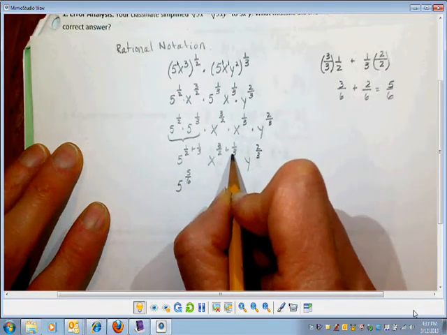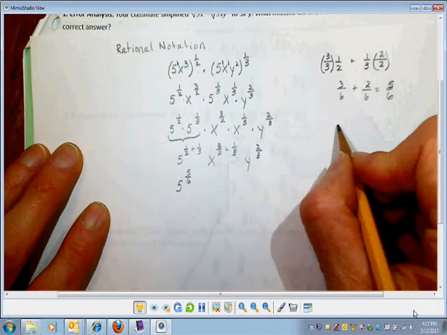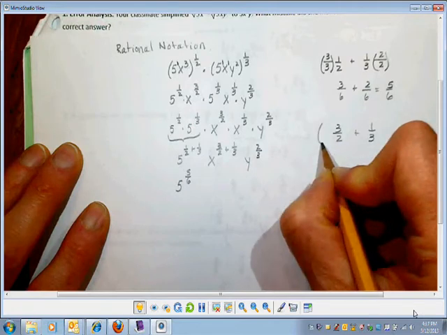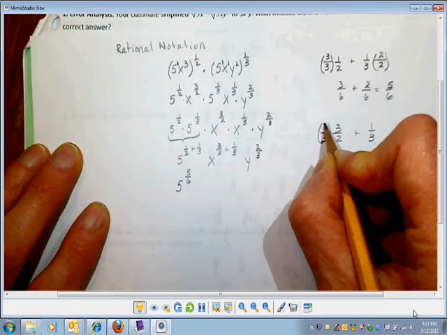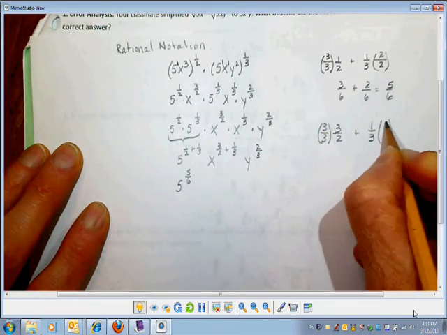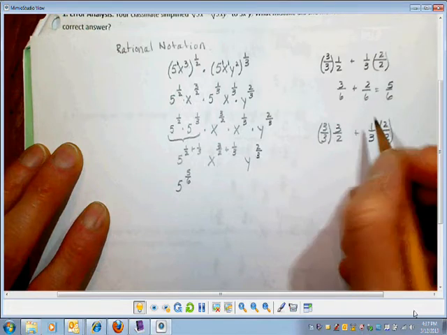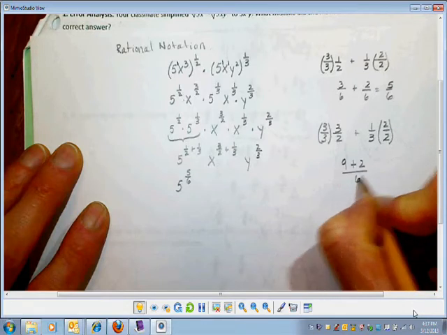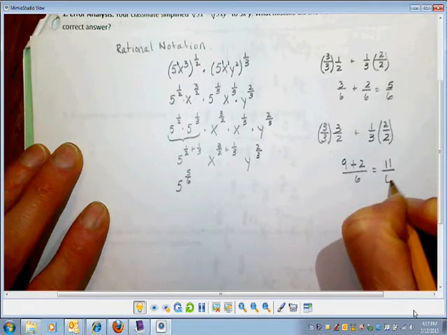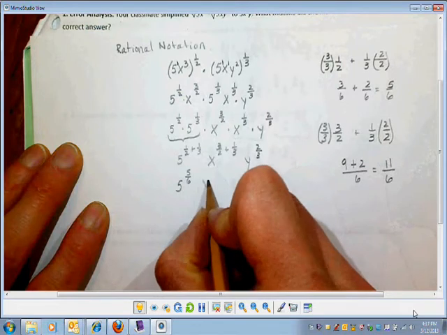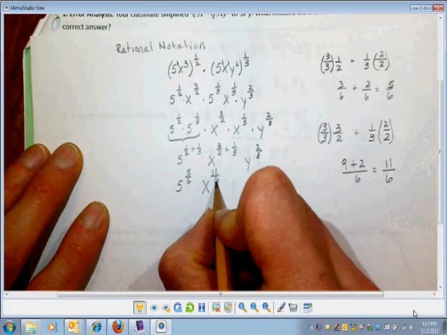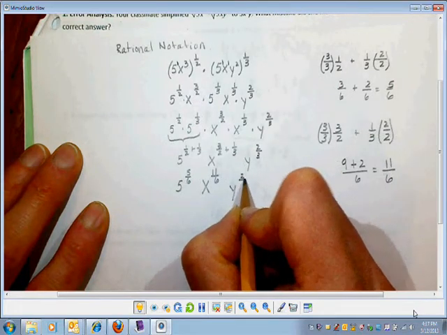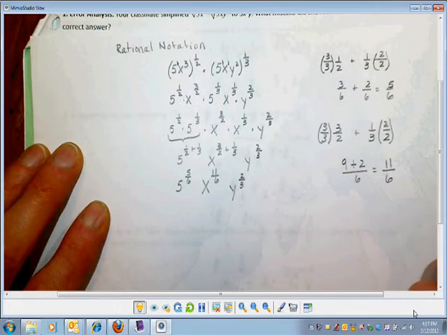I'm going to do the same thing with my 3/2 and my 1/3. Common denominator again is 6, so that's 3 over 3, and this is 2 over 2. So this gives me 9 plus 2 over 6, which is 11/6. So that means this is x to the 11/6, and then I have y to the 2/3. Okay.